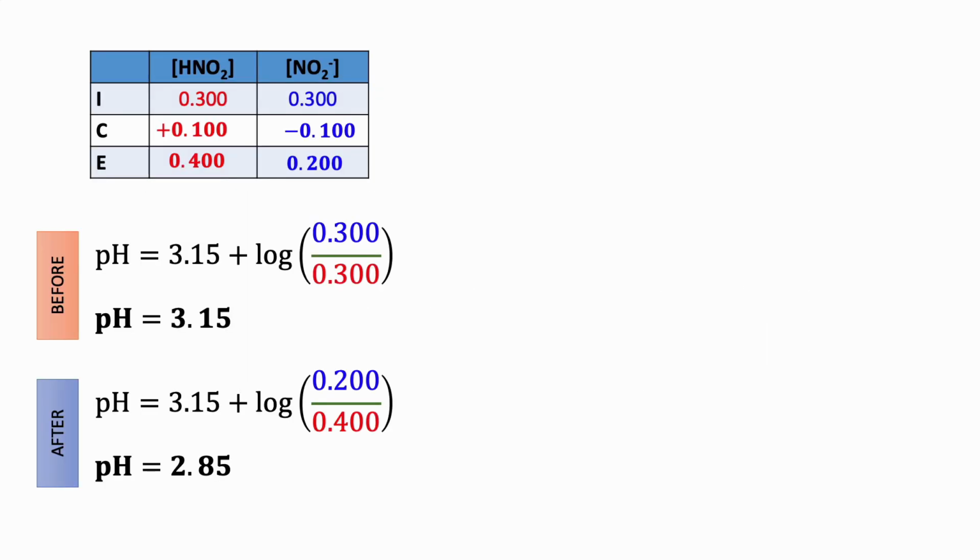Now I want to imagine a hypothetical scenario. So here's the situation that we just looked at, where we had 0.3 moles of each. We added 0.100 moles of HCl, and here's the pH before and after. 3.15 before, 2.85 after. Now, what would happen if instead of 0.300 moles, we started with 1 whole mole of each?